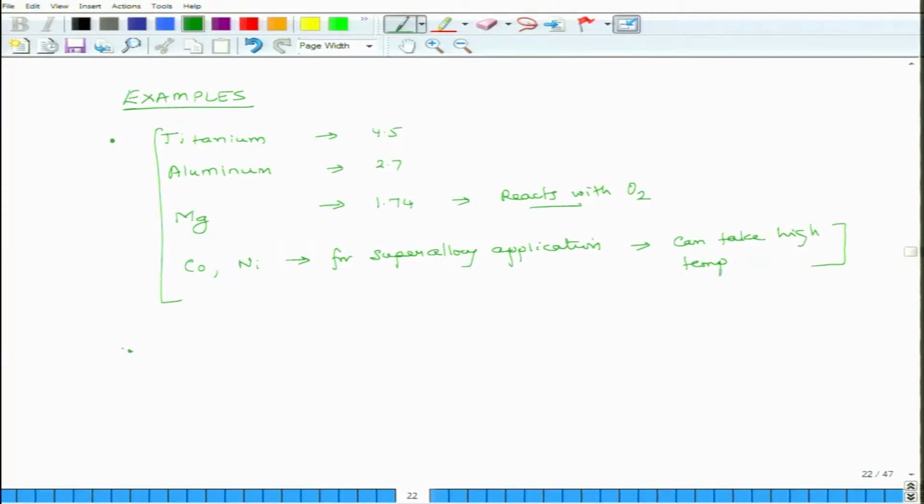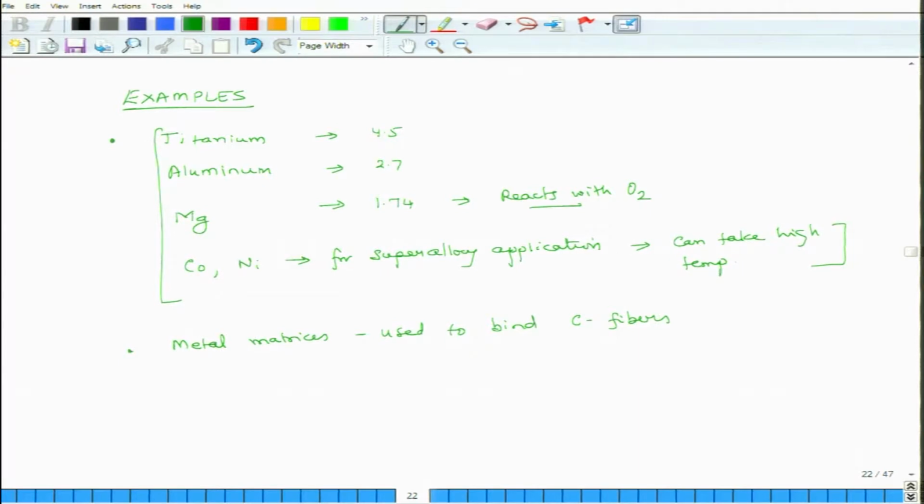Now, these metal matrices are used to bind graphite. We do not use these for glass, glass is a low end fiber, but to bind carbon fibers.